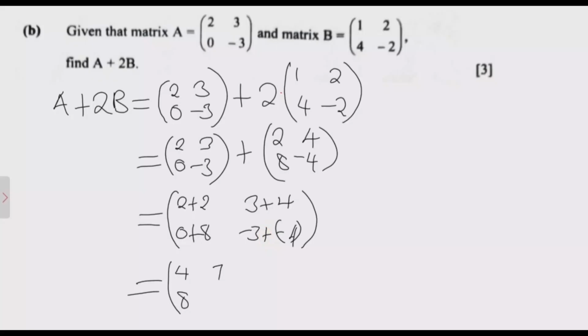So we're going to have something like negative 3 minus 4. Now when the signs are the same, we maintain the sign and add the numbers. So 3 plus 4 will give us 7, and that will be the final matrix. Our final matrix will be 4, 7, 8, negative 7. So this is the correct answer for this question.